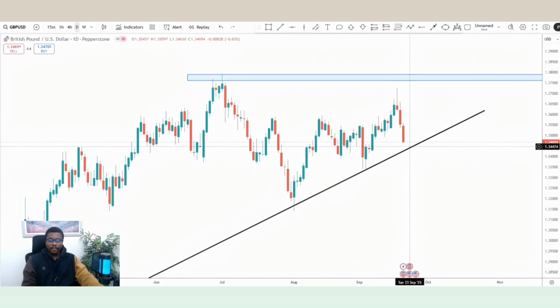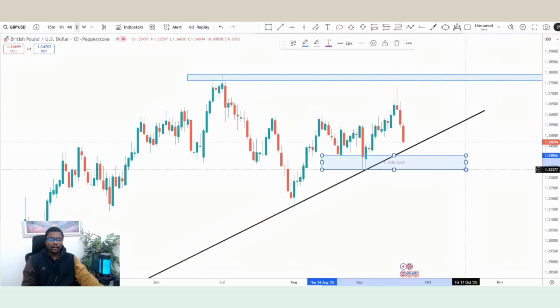Now I'm waiting to see price go back to this trend line here, and how price would react to this trend line. Again, one of the levels that we'll be looking for will be this previous low here, to see price close below that area as well, so somewhere around this zone here.